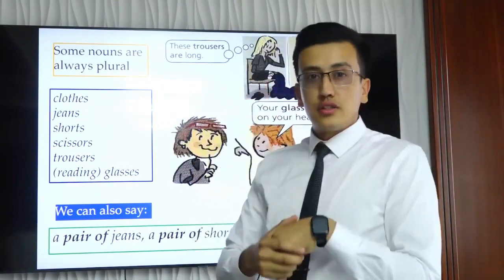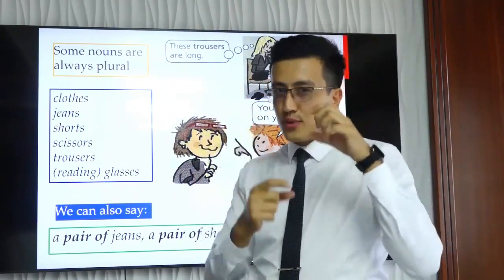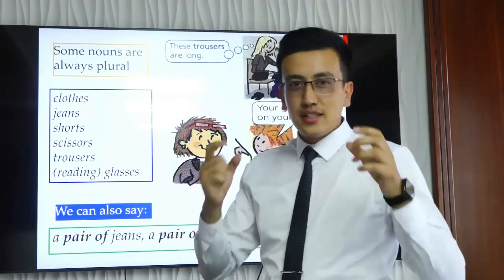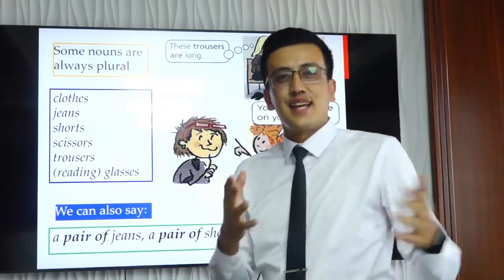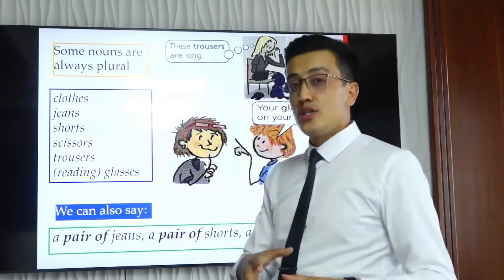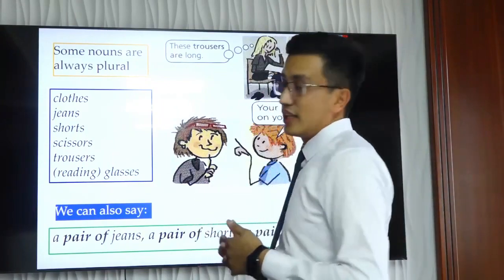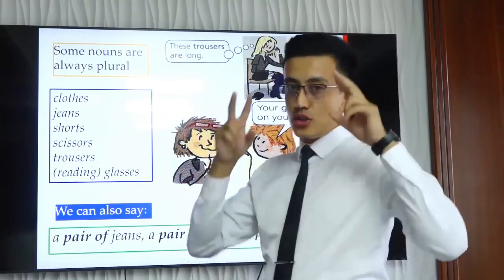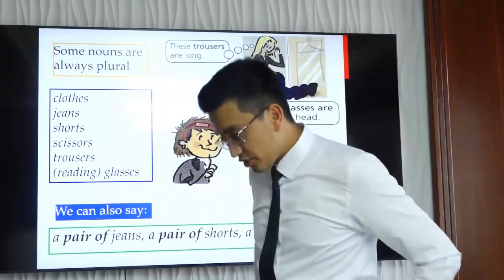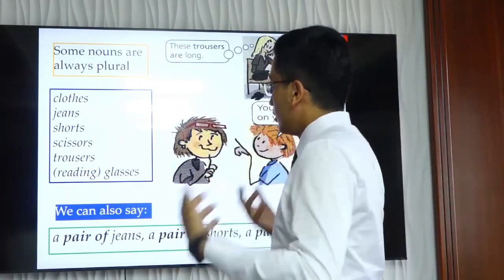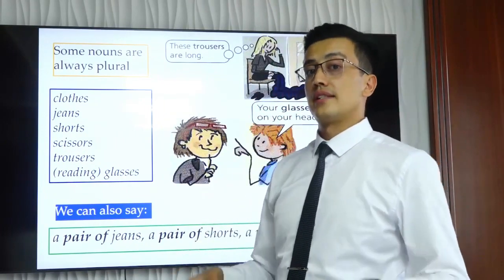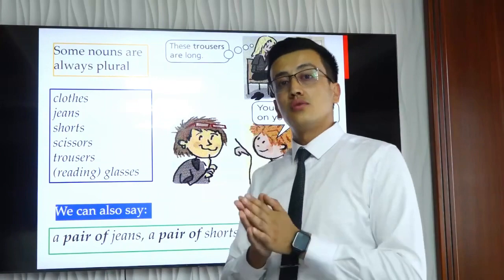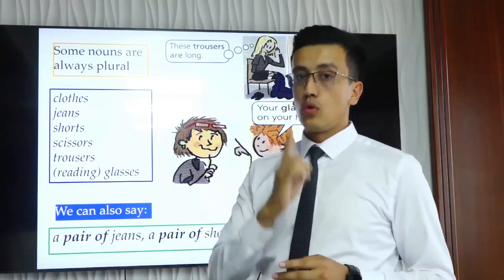Or sometimes you can see glasses with one glass. No, yes? There are always two, because we have two eyes, not only one, yes? Like Cyclops. That's why we should use these nouns in plural form, because they have two parts. Or like my trousers, or my clothes, or shorts, which also have two legs. That's why you should use these nouns only in plural form.